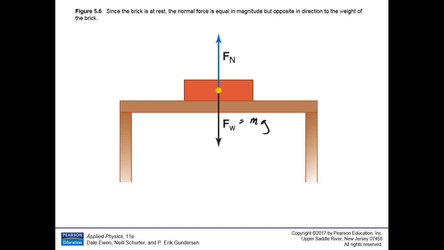Because everywhere on the surface of the earth, the acceleration due to gravity is very close to the same. If you're at the top of Mount Everest, you're not far off from where you'd be at the bottom of the Dead Sea Valley.